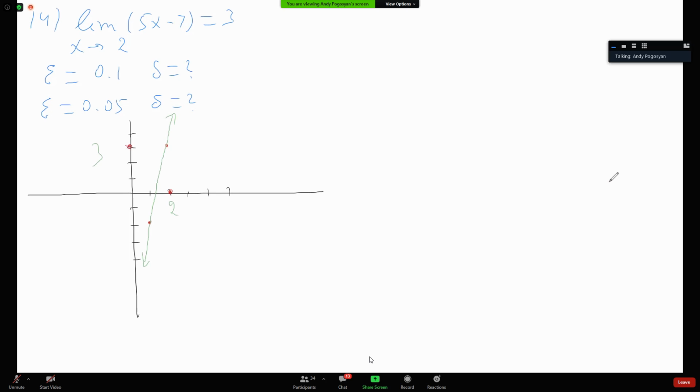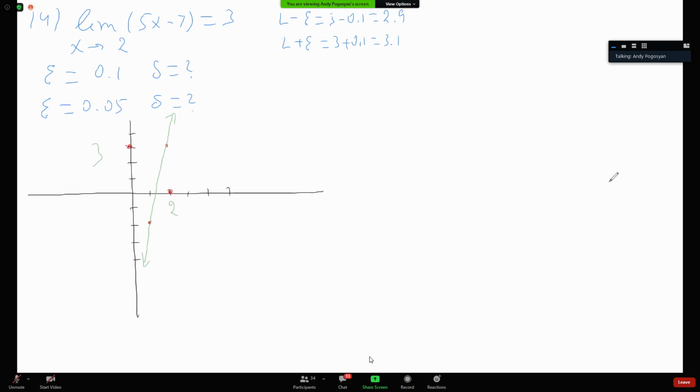Now for epsilon 0.1, I need L minus epsilon, which is 3 minus 0.1, or 2.9. L plus epsilon equals 3 plus 0.1, which is 3.1.